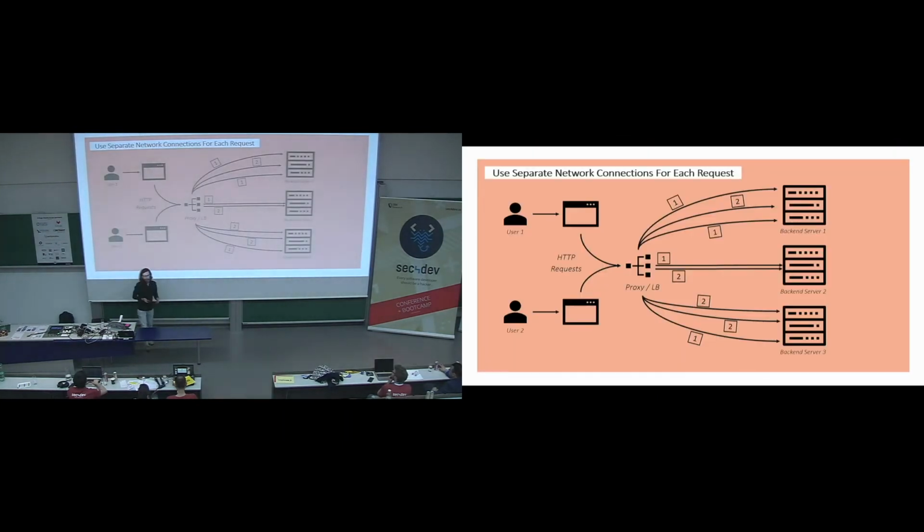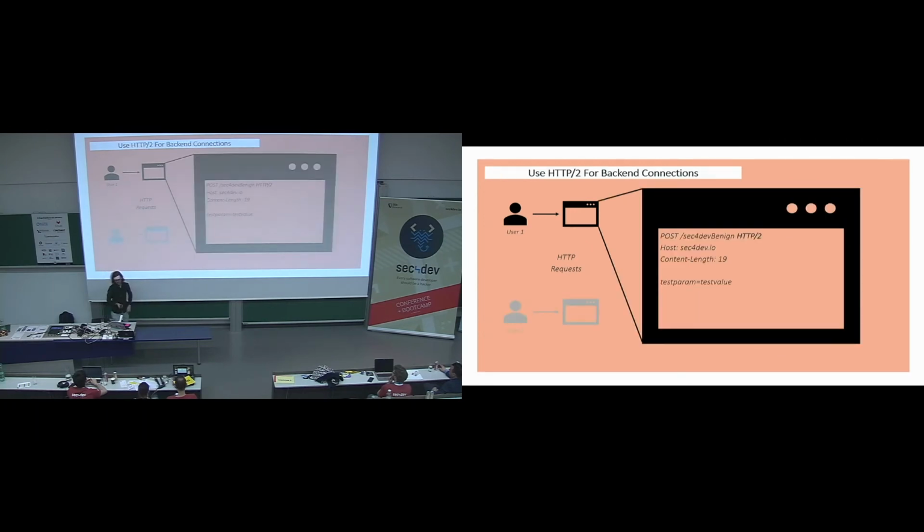What do I need you to do? So there's a couple of things you can do. Use separate network connections. If you send every single request over a separate network connection, that just cannot happen. Like, there's no way something can go wrong. What else? Use HTTP 2 for backend connections. So with HTTP 2, you don't have any ambiguities, and that just doesn't work anymore.